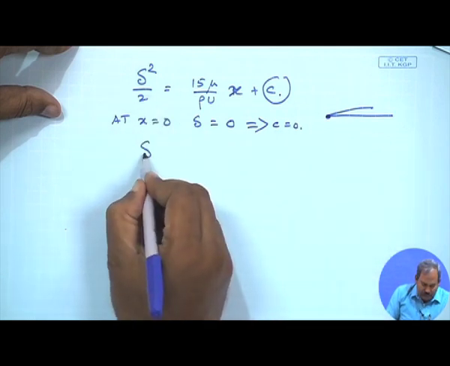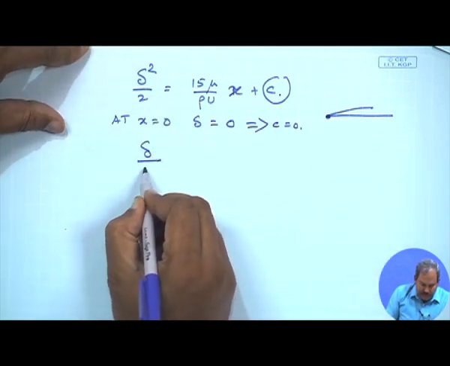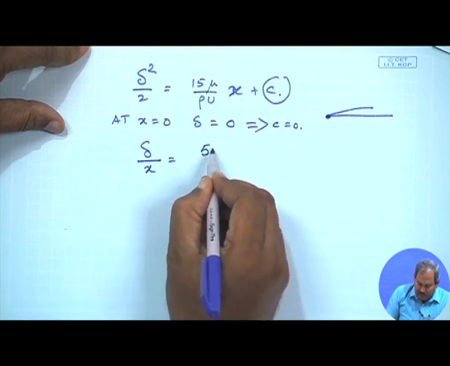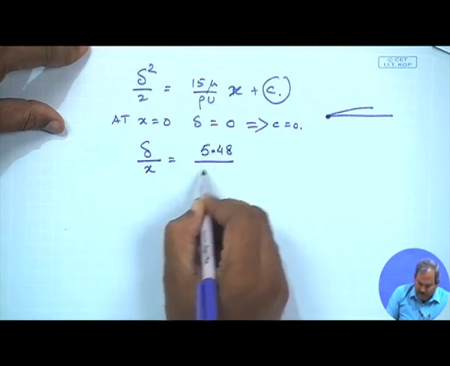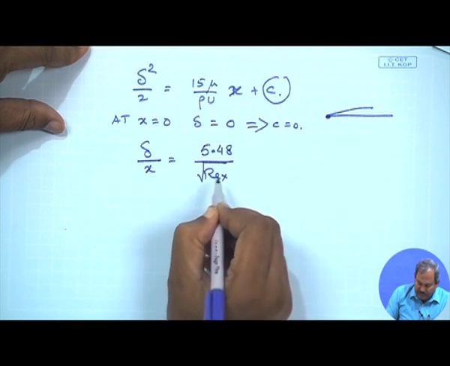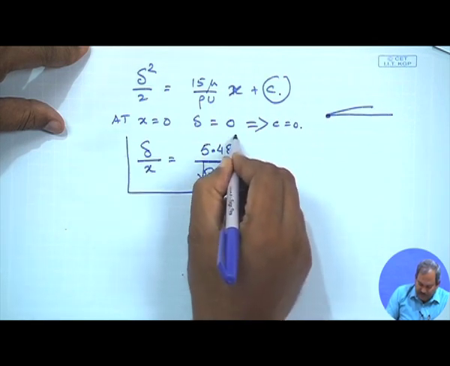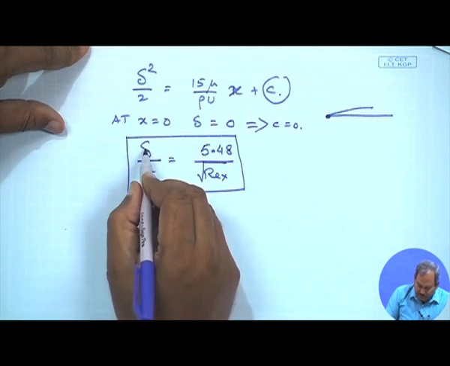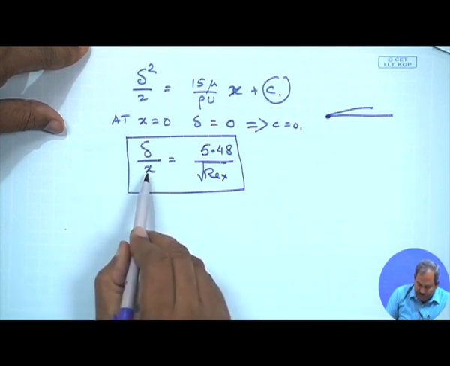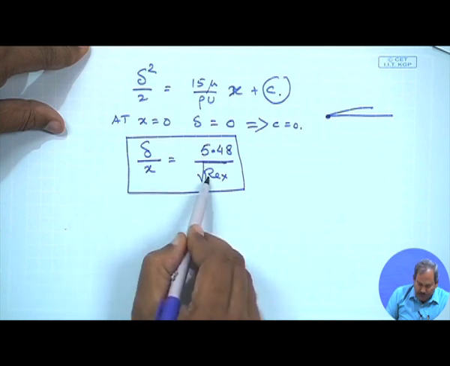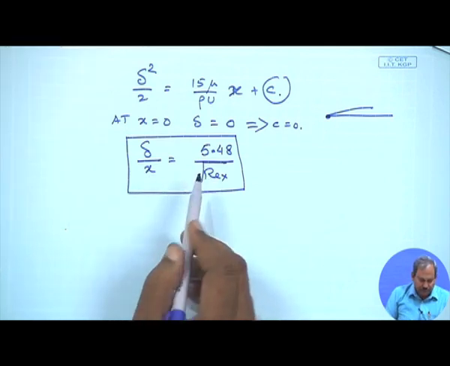So, therefore, when you substitute it, delta by x is equal to 5.48 by root over Re x. So, this is the thickness of the boundary layer as a function of axial distance, thermophysical properties, and so on.